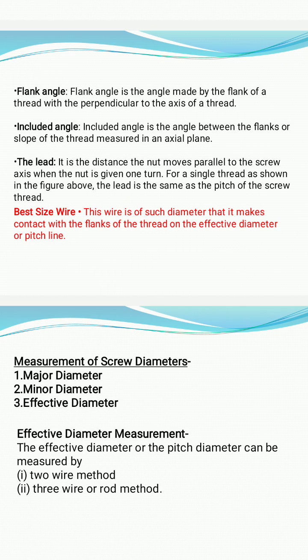You will see later on, we are going to measure the effective diameter of a screw thread using a wire called the best wire. This wire is called the best wire because the wire used for the measurement of the effective diameter should be such that it makes contact with the two flanks of the thread. Imagine, the wire should contact between the two flanks of the thread.